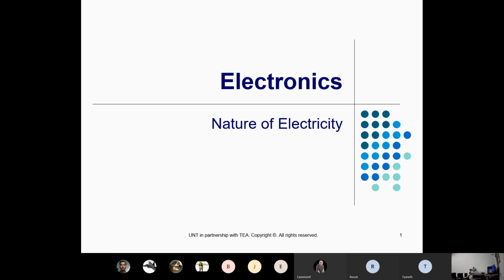So the idea here isn't that it has to be a certain page number. That's not important. What's important is that you keep track with your notebook and your table of contents and put the correct page number in your table of contents for the content we're going over. Nature of electricity. So what was the first one? Nature of matter, and now we're in nature of electricity.